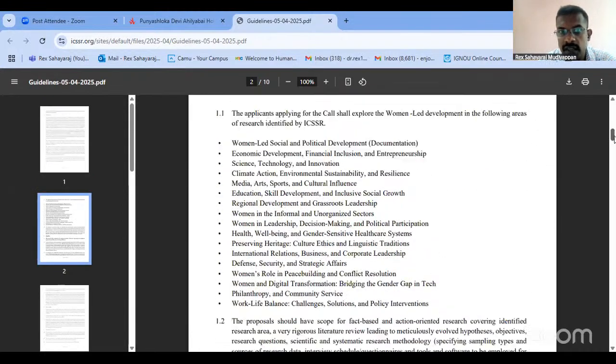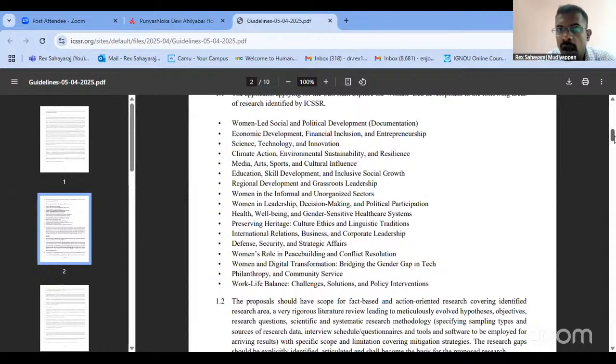You see here the various topics, the areas they can write a proposal for funding up to 25 lakhs per year. Okay, this is a year-long study. This study has to be carried out for 12 months, right?